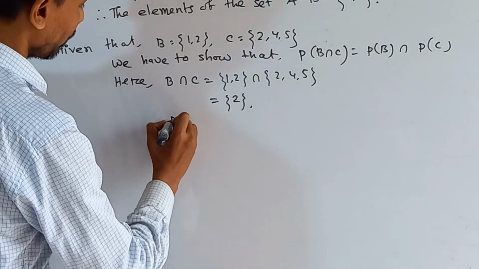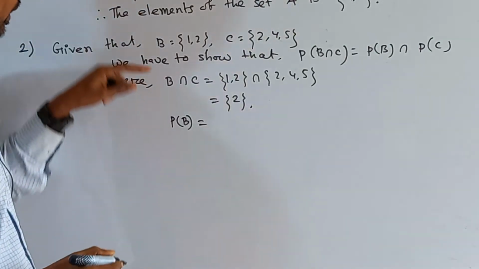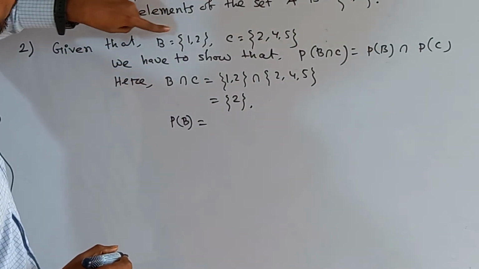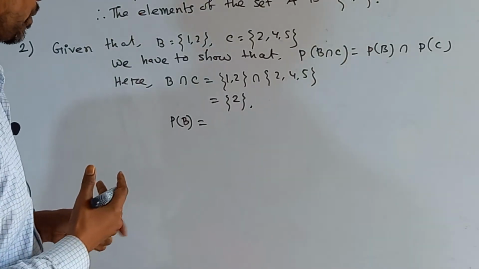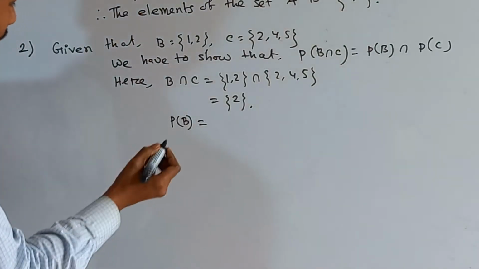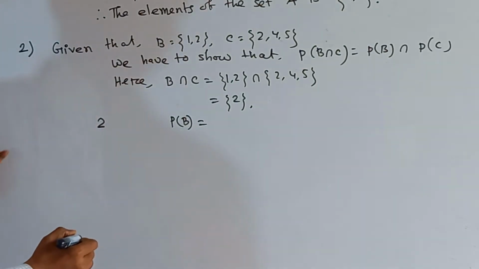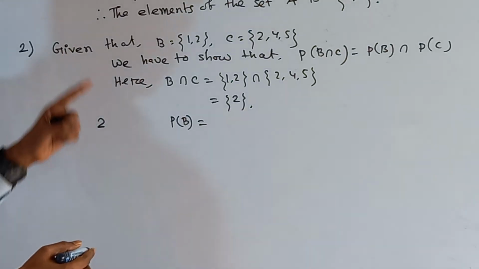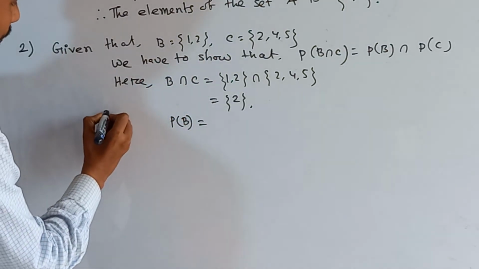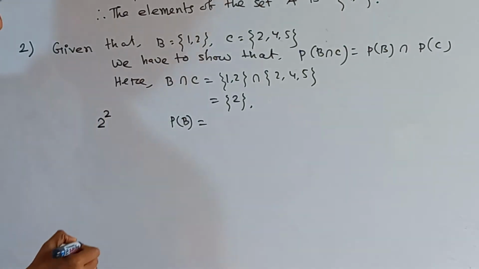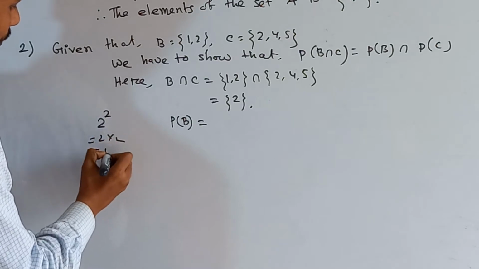Now the power set of B. The elements of set B are 1, 2. How can we determine the power set of B? Look, the number of elements in set B is 2, so 2 to the power 2 equals 2 times 2, which is 4.